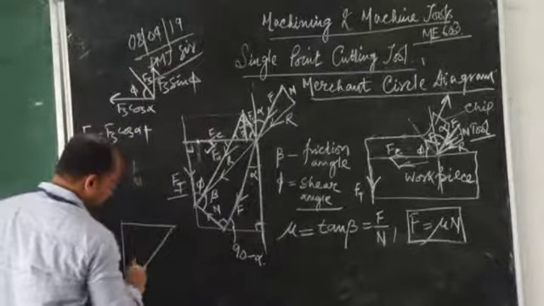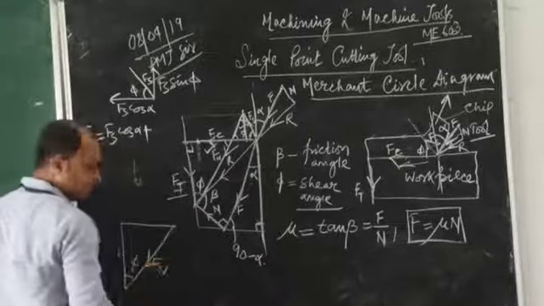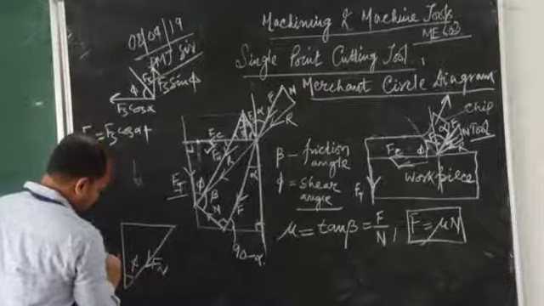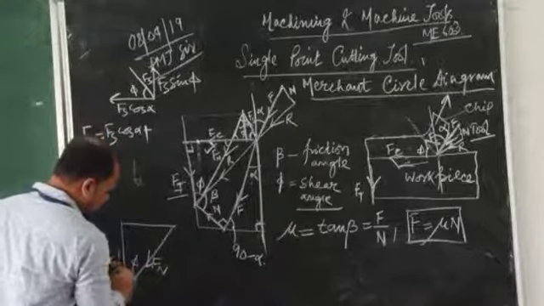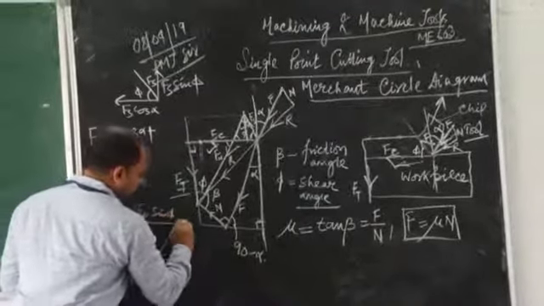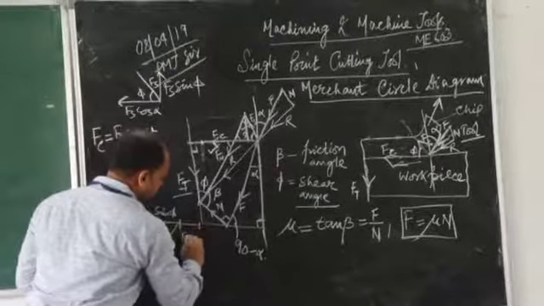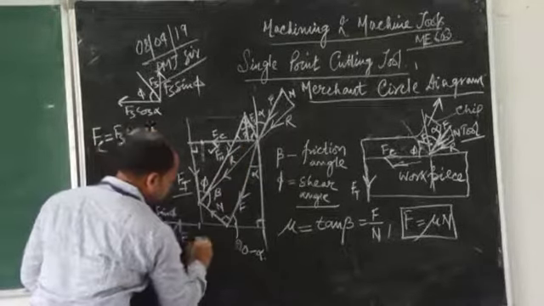This is phi, this is Fs, and this is Fn. So on this side Fn cos phi, and on this side Fn sin phi. This one is Fn sin phi and this one is Fs cos phi.